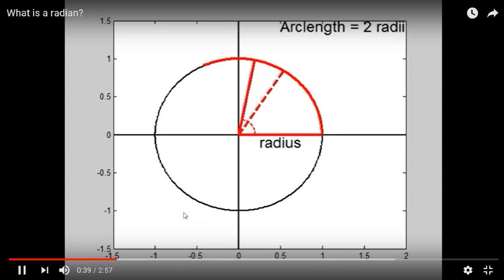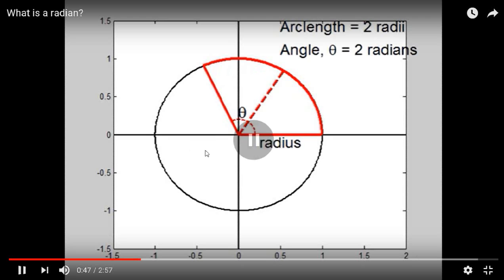Just forming an angle, you see? Starting at the terminal side, it's going all the way over to the end of two radii, and that's going to be called 2 radians. You following? This is what a radian is. It's an angle that is formed when the arc length is a radius.